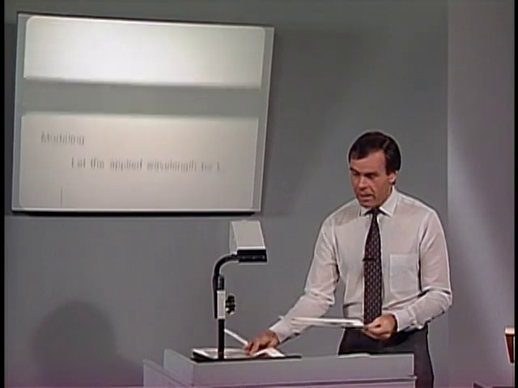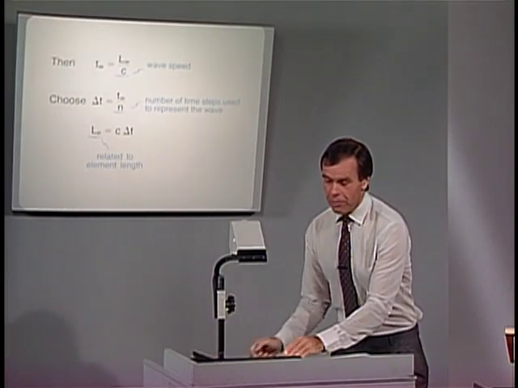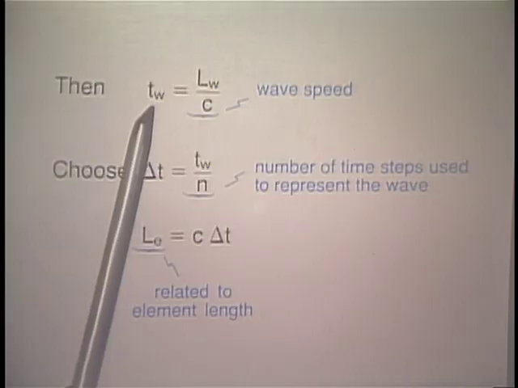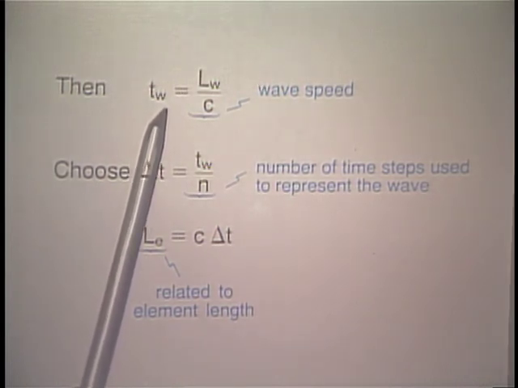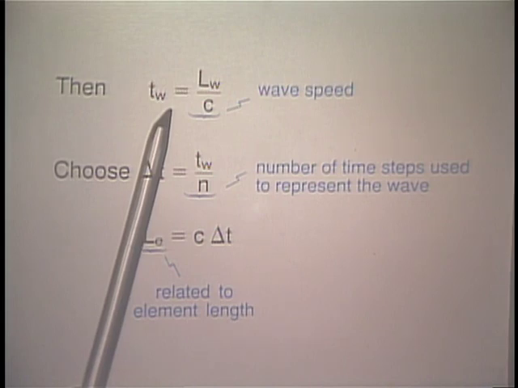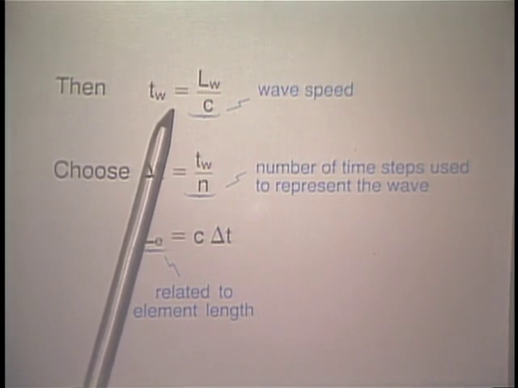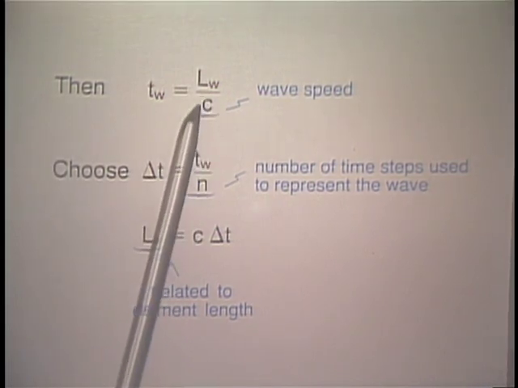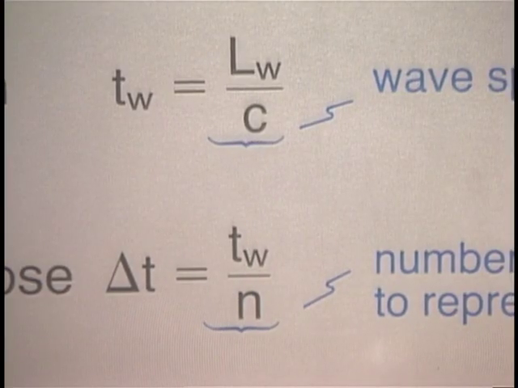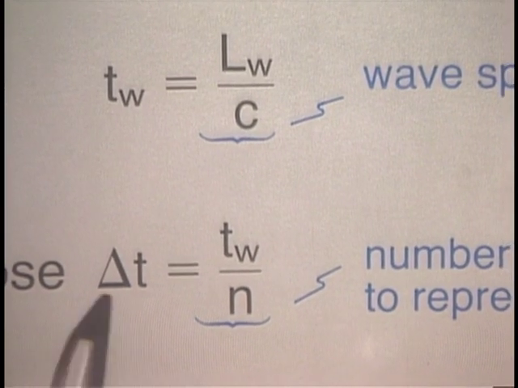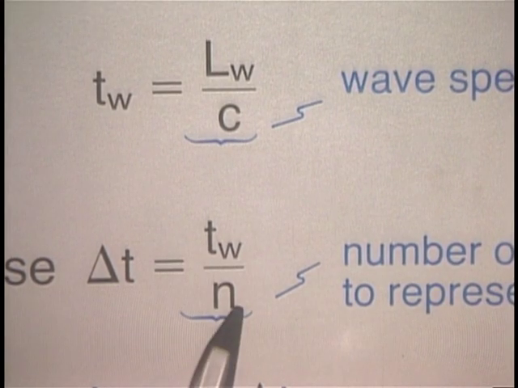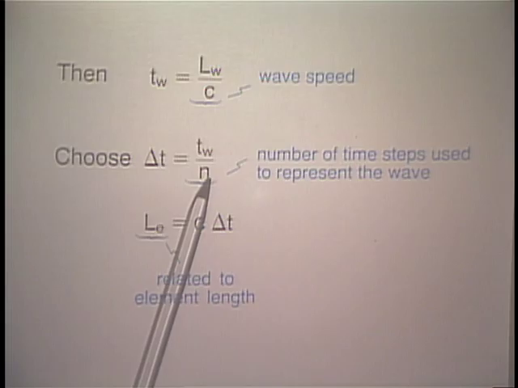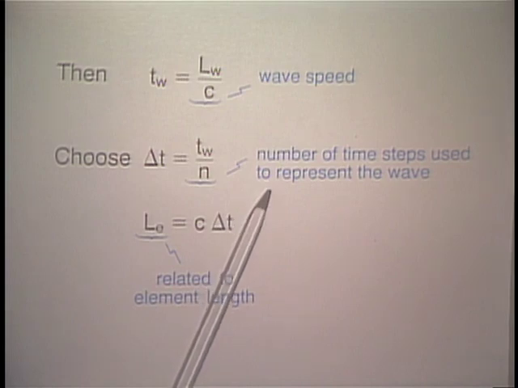Well, we first of all find a value T_w, which is really the time required for the total wave to propagate across a particular point in the mesh, with the wave speed c, of course. We then choose delta t via this relationship here, where n is the number of time steps used to represent the wave.